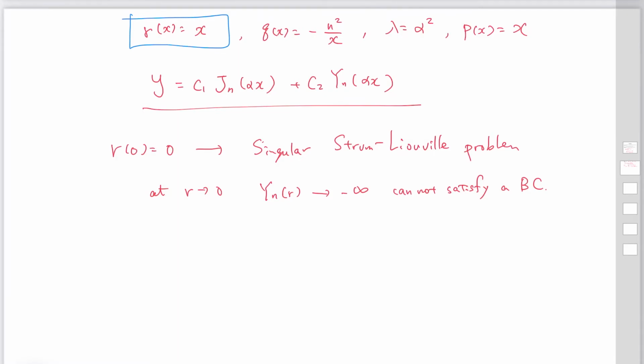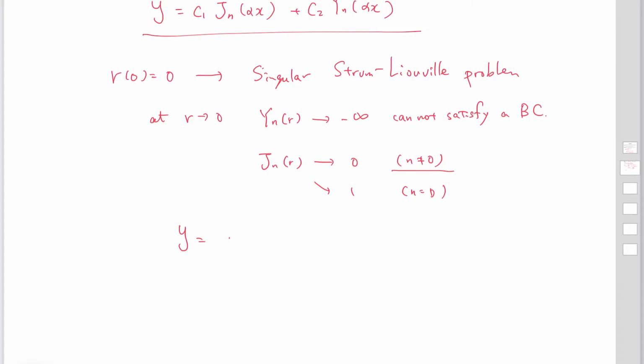J sub n approaches 0 when n is not equal to 0. When n equals 0, J sub n approaches 1. So you have to take n as a non-zero value. The solution is given by c sub 1 J sub n of alpha x.